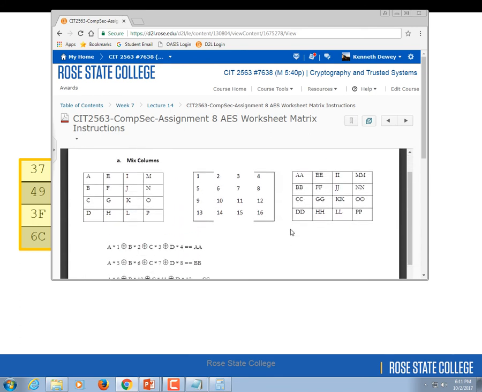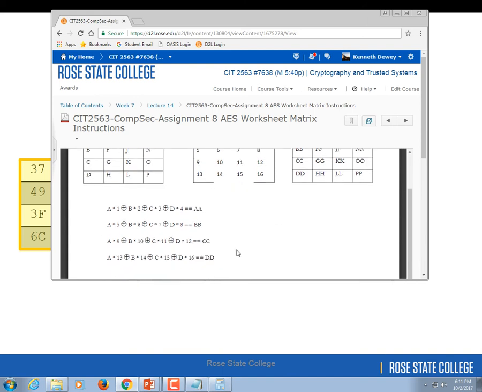I keep mixing up which one goes where. So left column, top row gives us AA. Left column, second row gives us BB. Left column, third row gives us CC. Left column, fourth row gives us DD. See that? That's the way it goes. Sorry, I don't do this enough to remember.